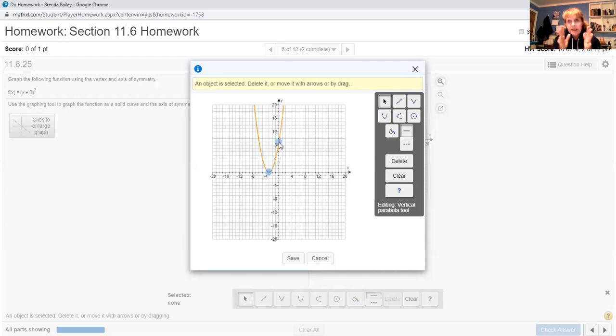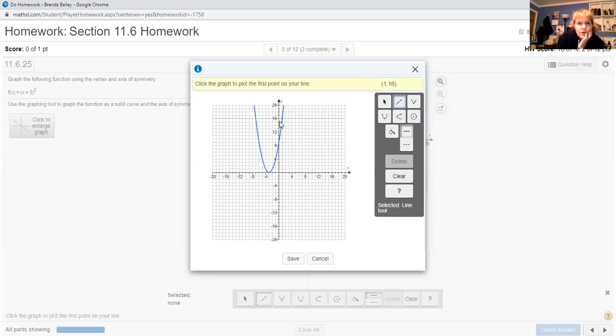Okay. Now, sometimes you'll stop here and you'll miss it. And the reason is they also want the axis of symmetry. So how do we do that? Well, the axis of symmetry is a line. So you go over to your tools and you're going to do the line tool. When you press the line tool, you're going to come over here. Your axis of symmetry, I just like to start at the vertex, -3, 0.